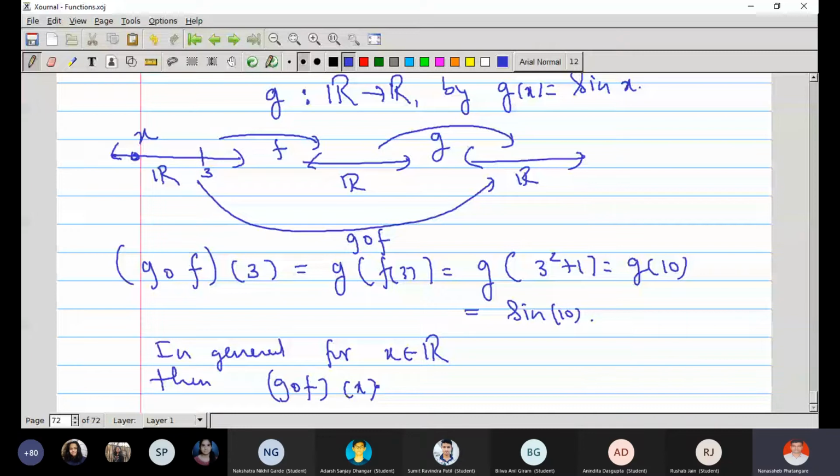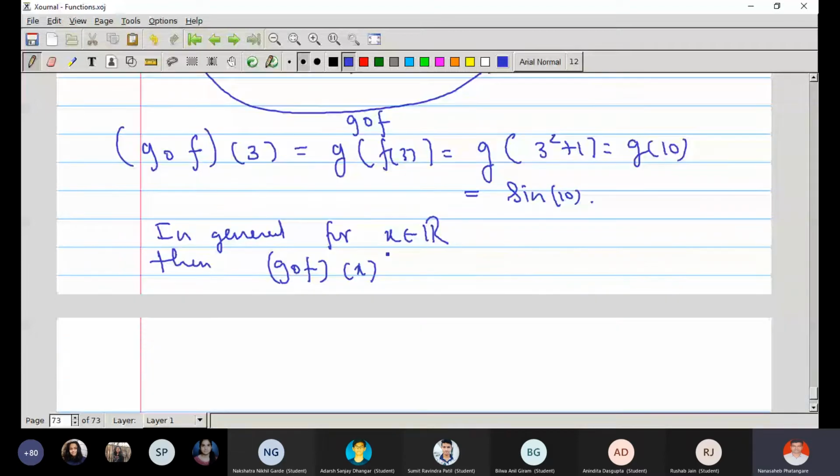It is G of f of x, which is sine of x square plus 1.